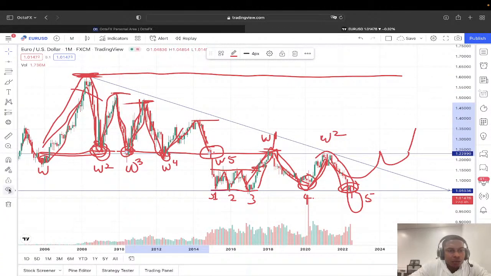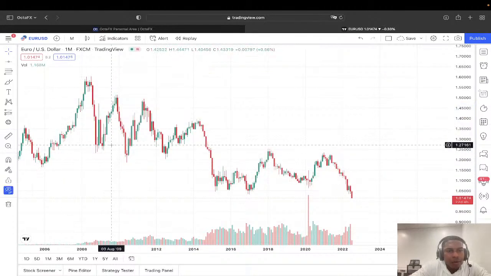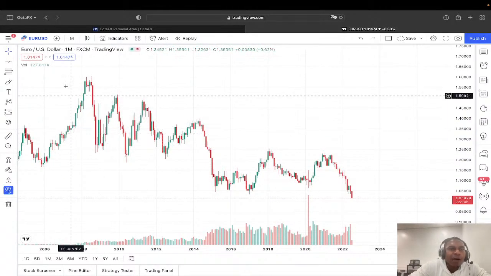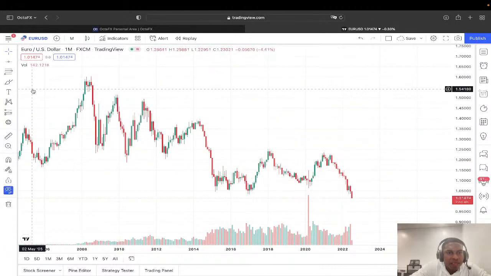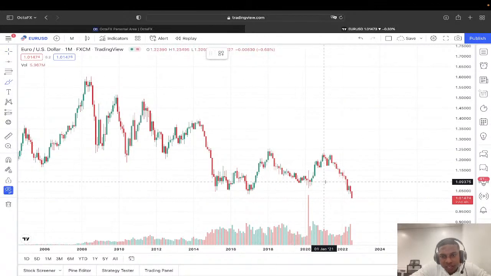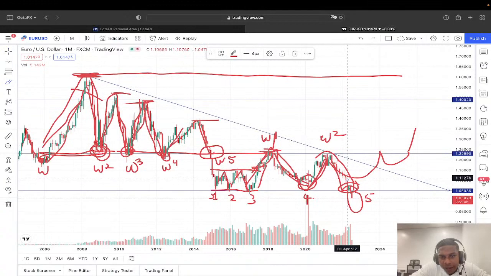Okay, now someone is asking, how do I spot a breakout? So if you look at this level here, you would see that there is a breakout symbol at this level.